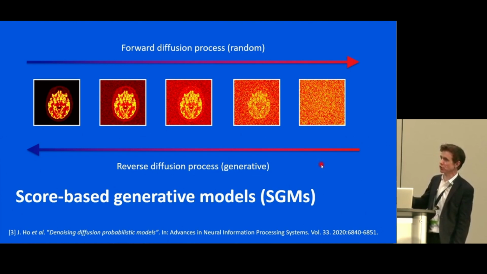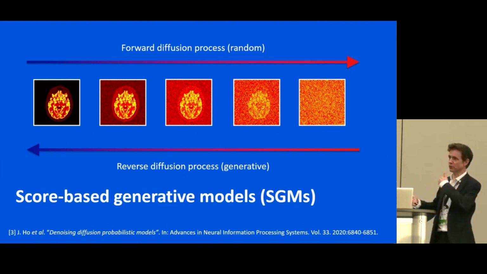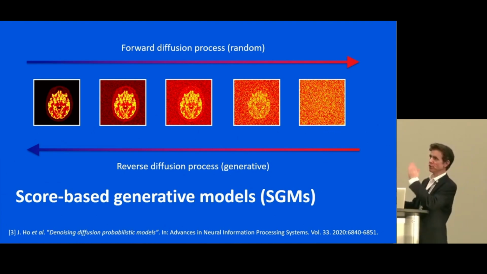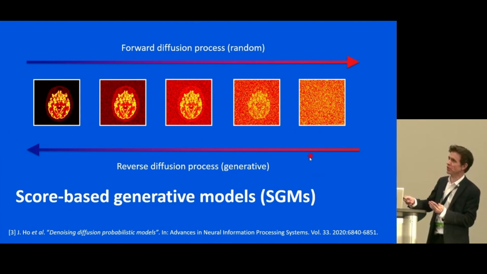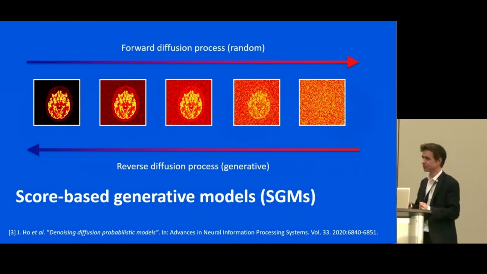And then with the generative modeling, we take some random example of Gaussian noise, which is easy to do in Python. It's just one line of code, so anyone can generate something on the right-hand side. Then we train a network to slowly denoise that towards a sample from our high-quality manifold P of X.